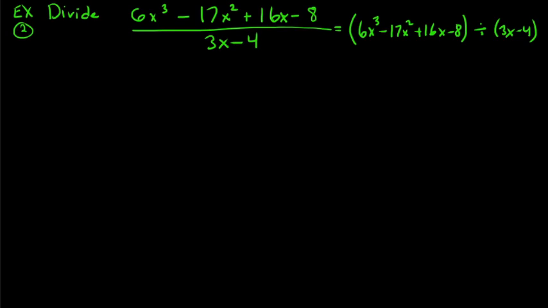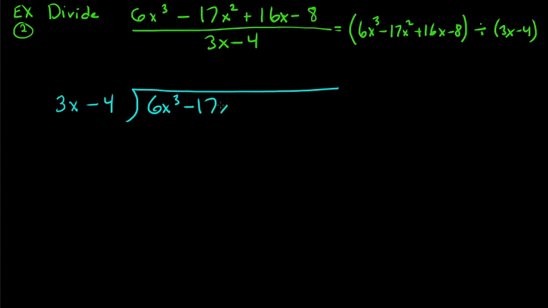Same problem, but either way, you're going to have to write it out using long division. The divisor is 3x minus 4, and the dividend is 6x cubed minus 17x squared plus 16x minus 8.